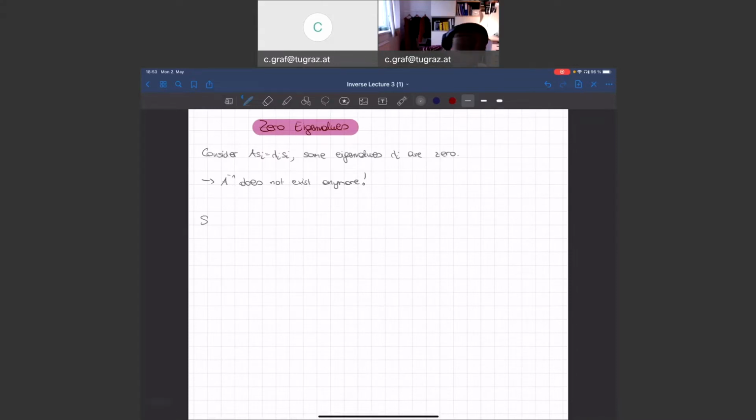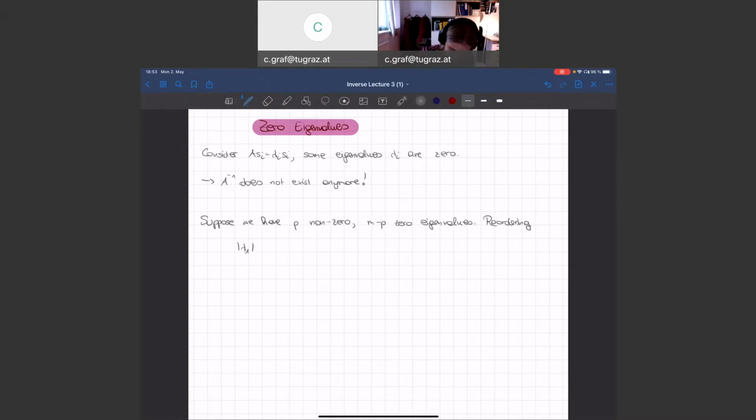So here we suppose we have p non-zero, and then n minus p, so the remaining eigenvalues are 0. We do some reordering so that we keep an overview about things.